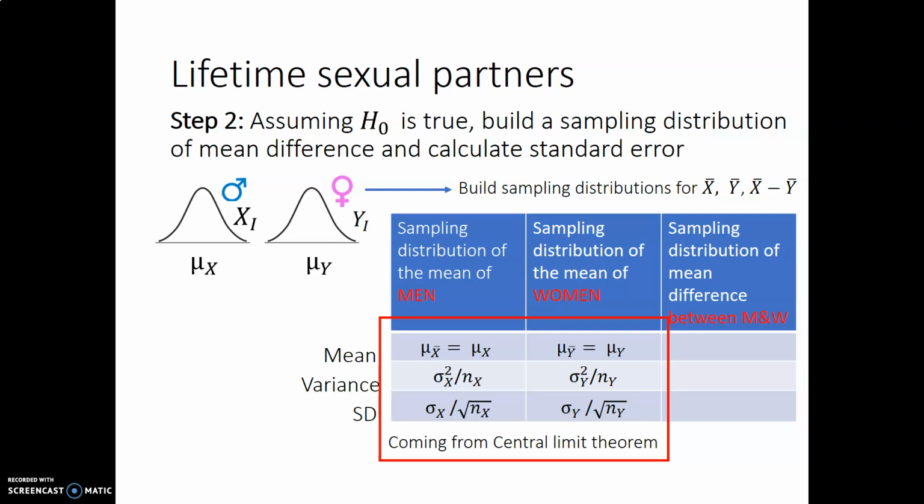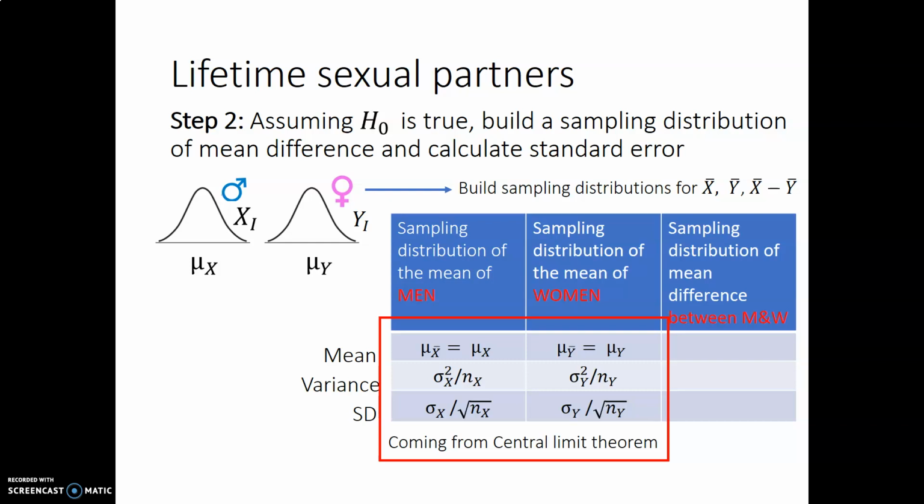No matter how many men and women you have in each sample, the next thing is you want to pair them up and calculate the mean difference. Because we have 100 samples for men and 100 samples for women, we're gonna obtain 100 mean differences.